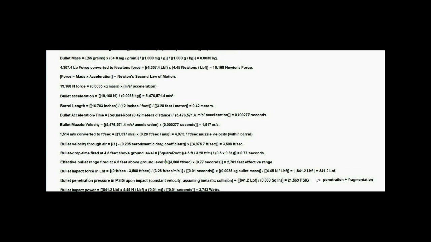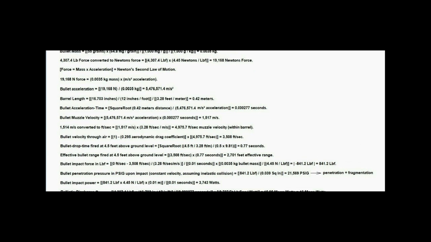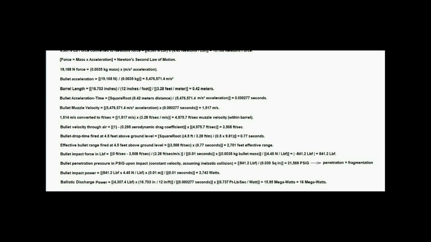So this equates to an effective line of sight bullet range of about 2,700 feet. Although the 300-meter rule is the practical line of sight range, because it isn't the velocity that curtails the effective range, it is the gravitational drop. So we're talking about practicality here.